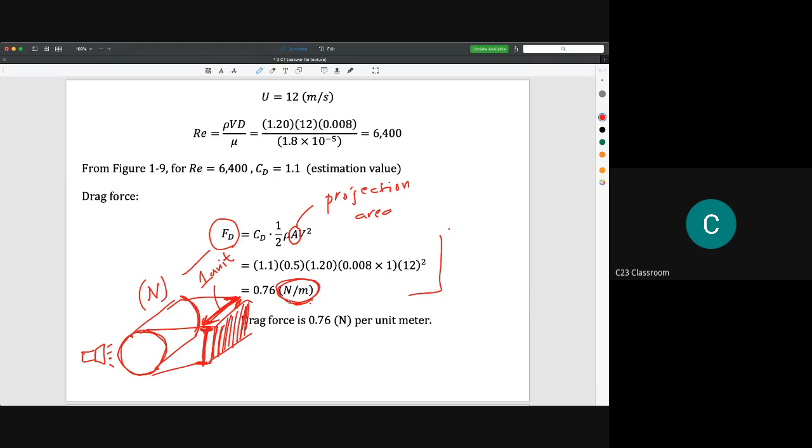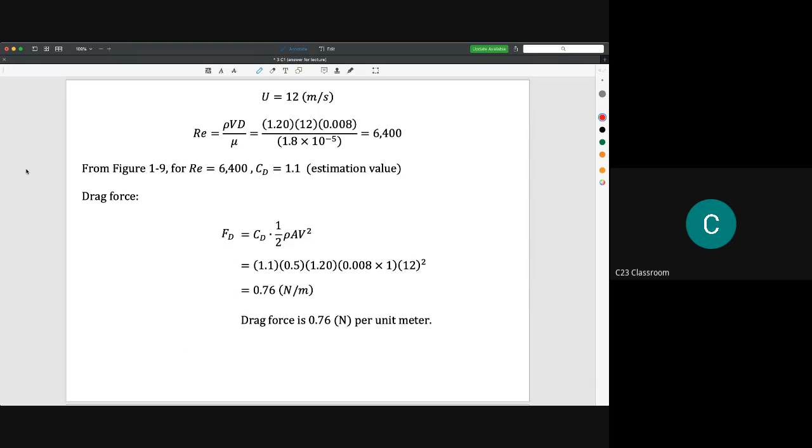So the drag force here is 0.76 Newton per unit meter. If you have a cylinder which is 3.5 meters long, you just multiply 0.76 times 3.5 to get the total drag force on that cylinder. That's why when you read journals, they will always divide their answer by the width of the object.